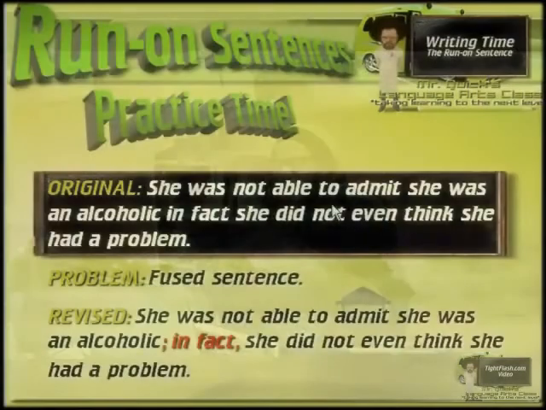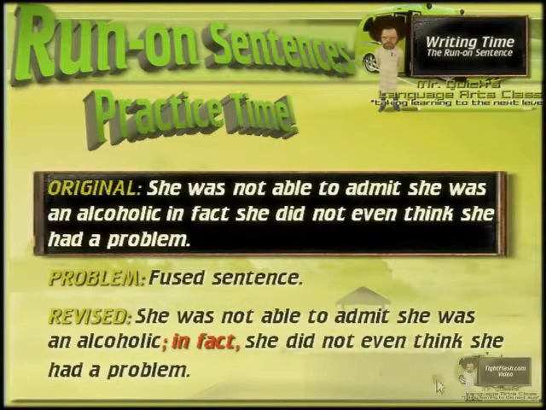I think probably a good remedy for that would be: she was not able to admit she was an alcoholic. A simple semicolon and a comma here remedied this situation. This enabled us to add this clause, and of course this clause, which actually were the same in one.